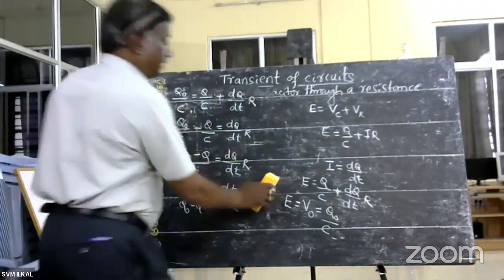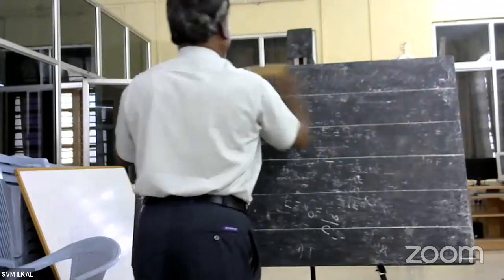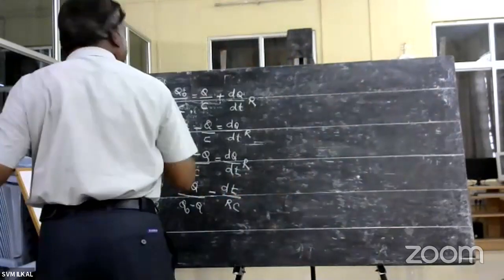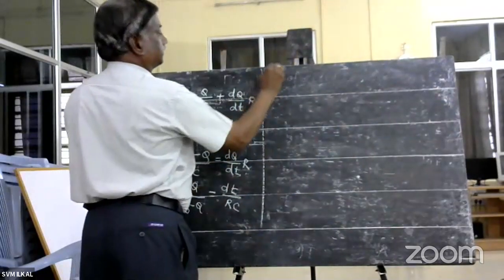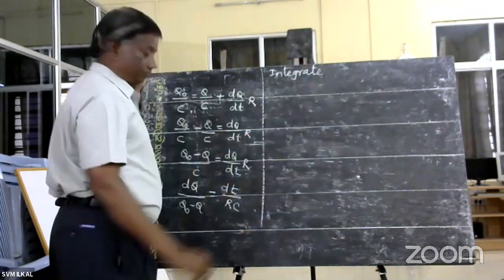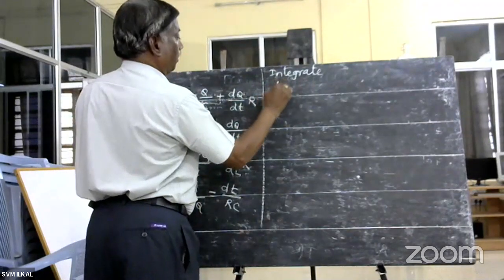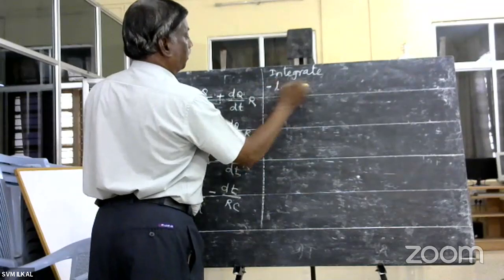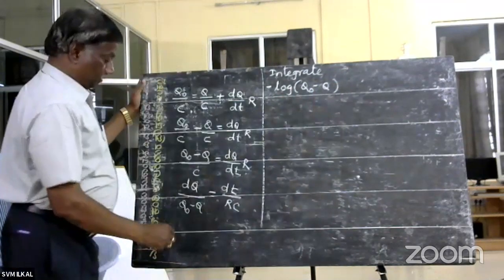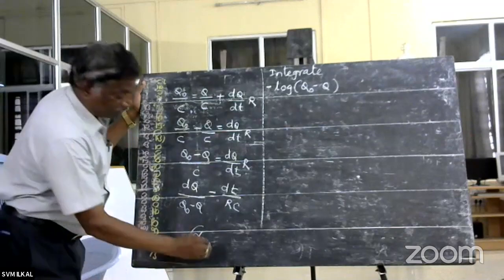Now integrate this equation on both sides. What is the integration of dQ by Q naught minus Q? That is minus log of Q naught minus Q. Okay, that is the integration of dx by x; integration of dx by x is log x.